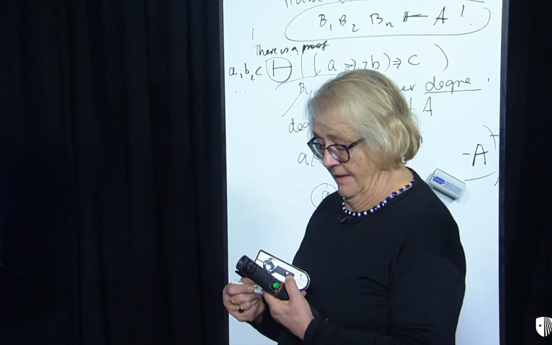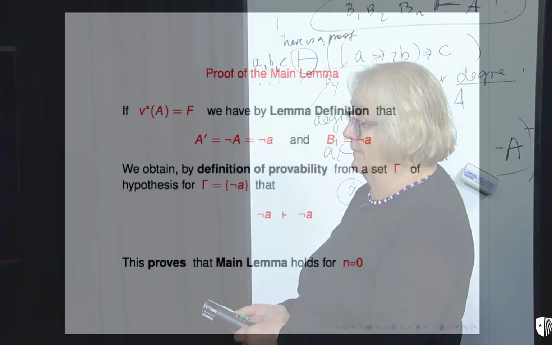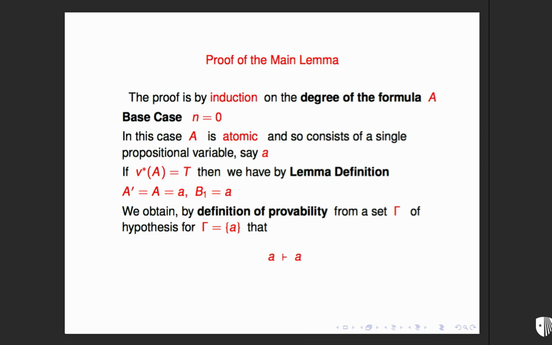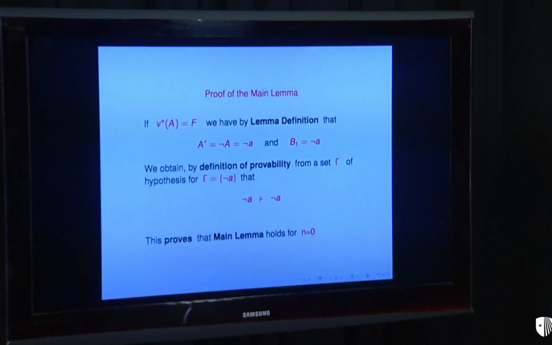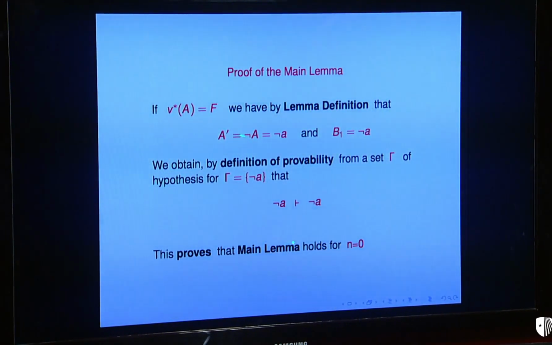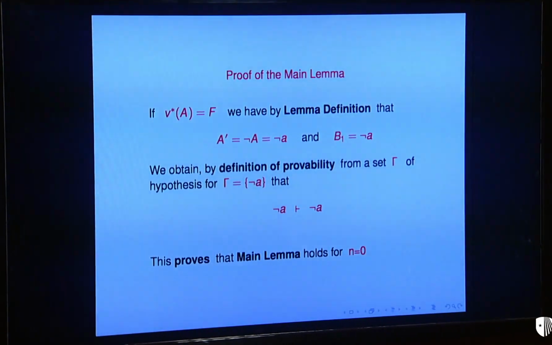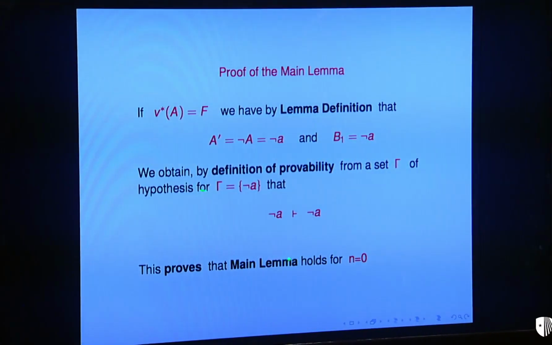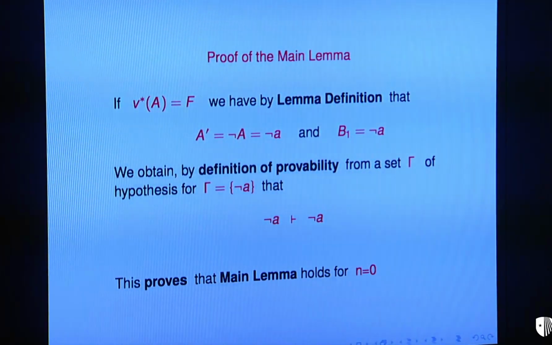So we have a base case. Now, everything depends on V, so our V can be T or V can be F. If V is F, we have A prime as the negation of A. So A was one variable, so B would be the negation of A, and by definition of provability, you have not A proves not A, and so we have the main lemma for n equals 0.